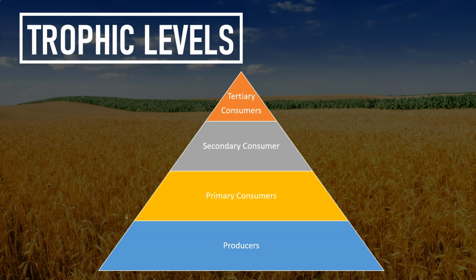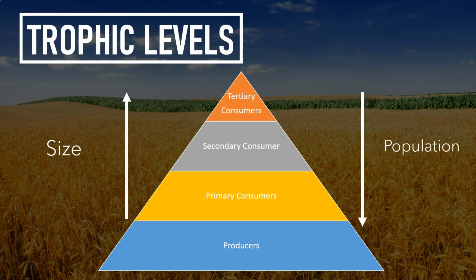A pattern to observe here is that the size or biomass of the organisms increases as we go up the trophic levels. So producers have the smallest size and tertiary consumers have the largest size. Similarly, the population of tertiary consumers is the lowest and the population of the producers is the highest.